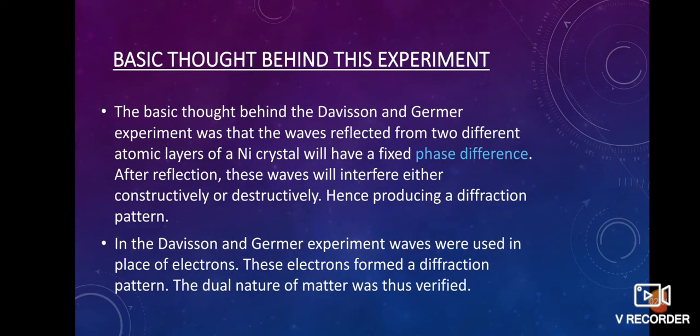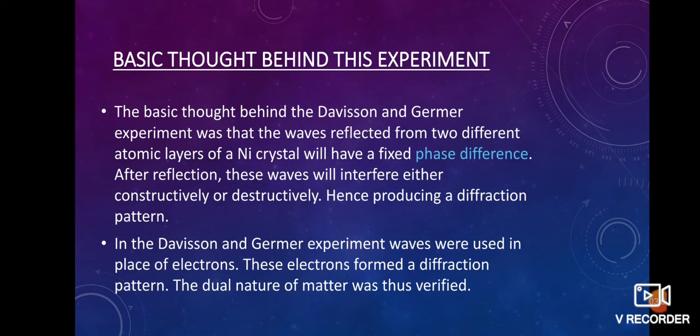So now let us see what the actual thought behind this experiment was. The basic thought behind the Davisson and Germer experiment was that the waves reflected from two different atomic layers of a nickel crystal will have a fixed phase difference. After reflection, these waves will interfere either constructively or destructively, hence producing a diffraction pattern.